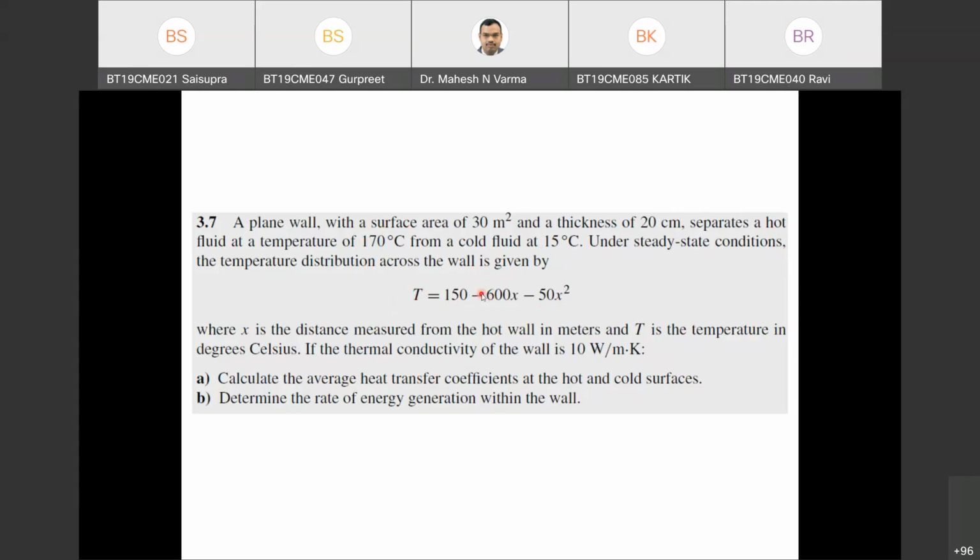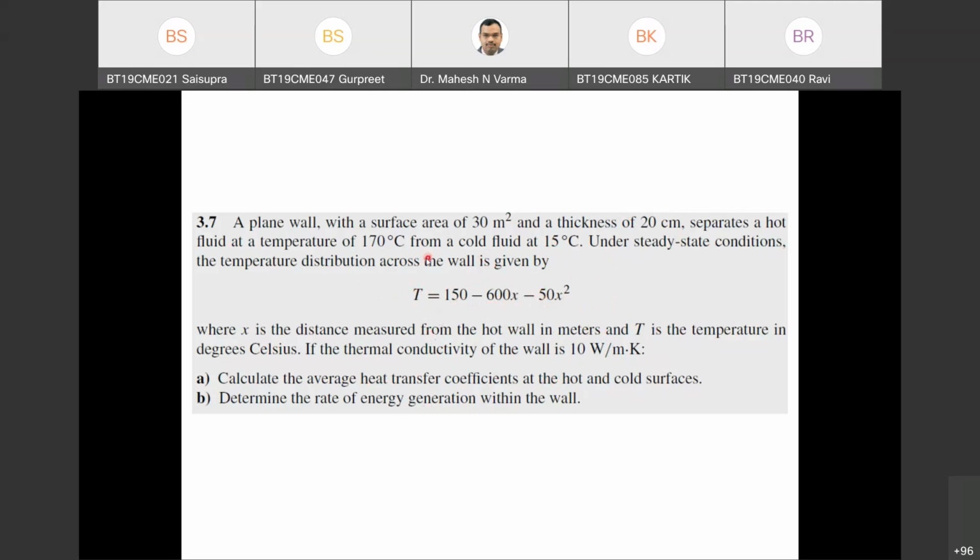That will give you the heat transfer coefficient on the hot side. Similarly, minus K into dt by dx at x equals 0.2 meter will give you the flux, and one temperature is 15 degrees Celsius, another temperature will be 150 minus 600 multiplied by 0.2 squared.